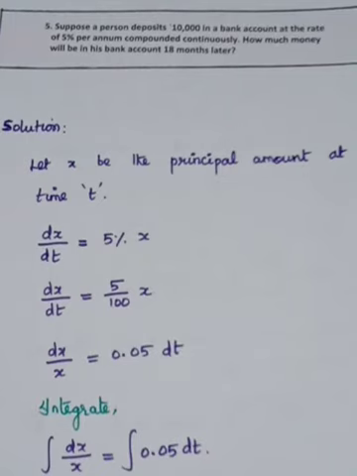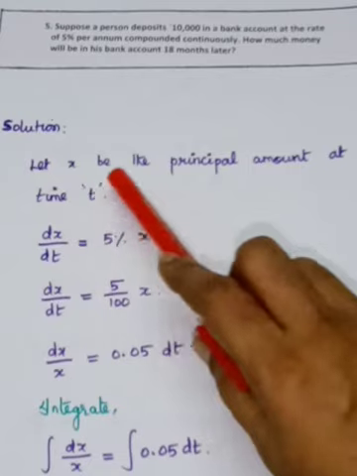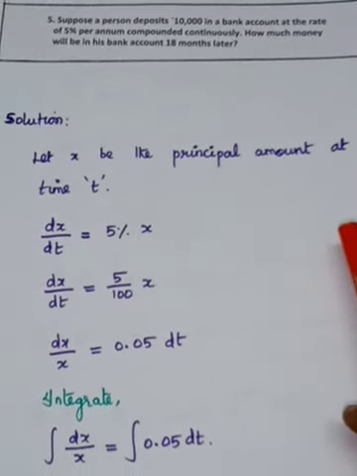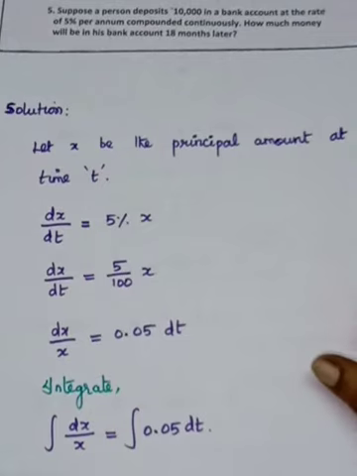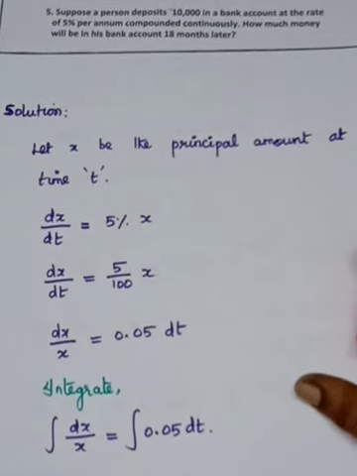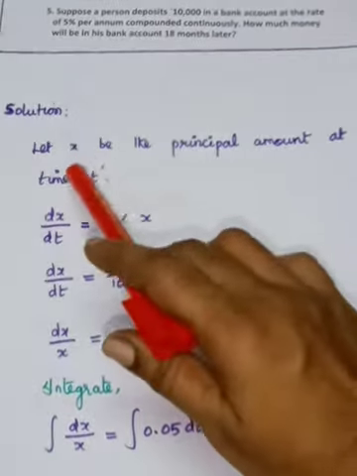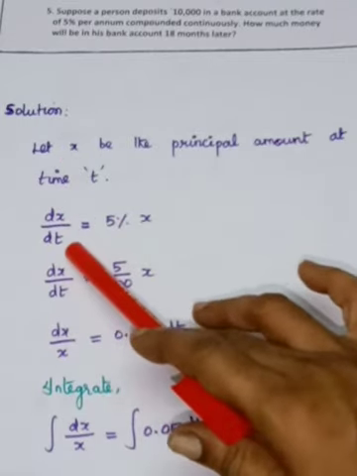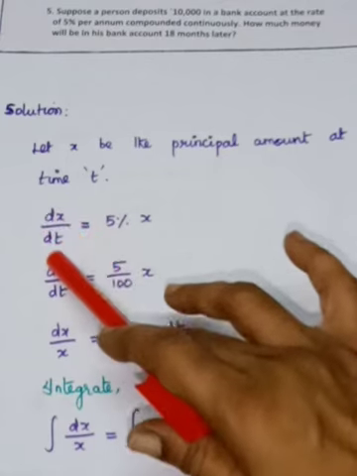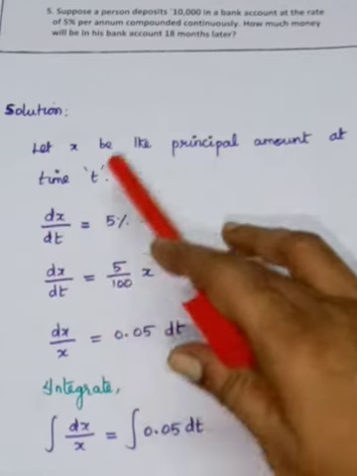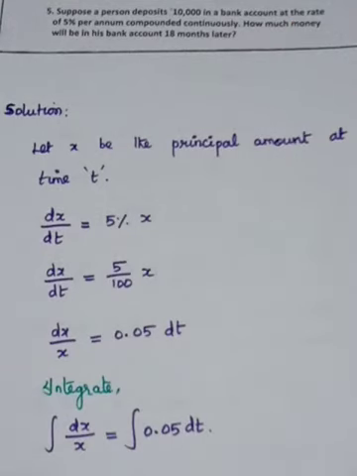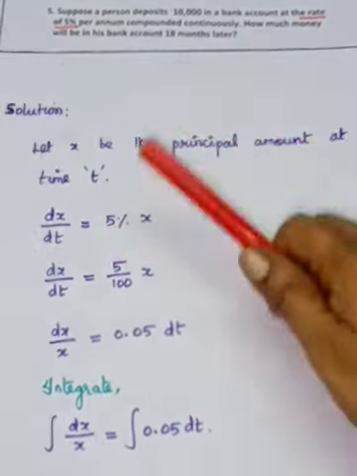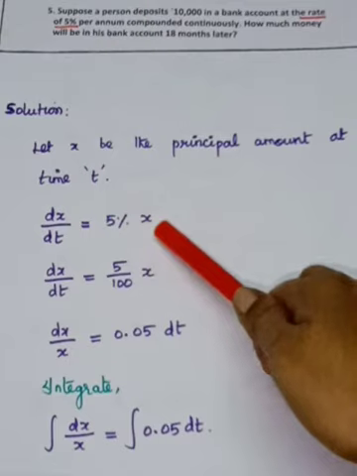So first I declare, let x be the principal amount at time t. What is x? x is the principal amount at time t. Okay, so the rate of change of the principal amount with respect to time, that is dx by dt, is equal to, here what is given, the rate of 5% per annum, that is 5% of x.